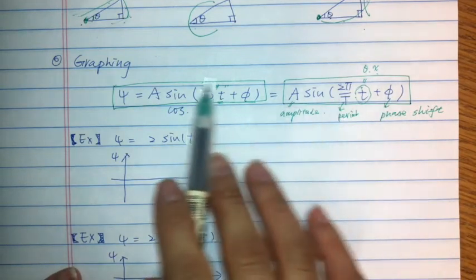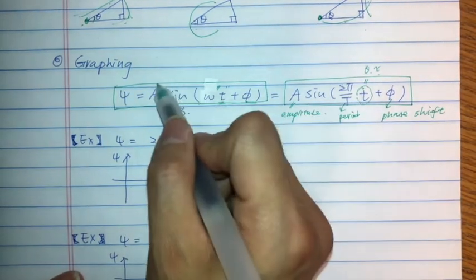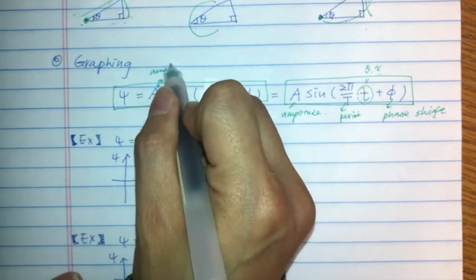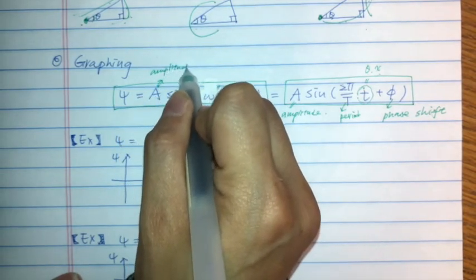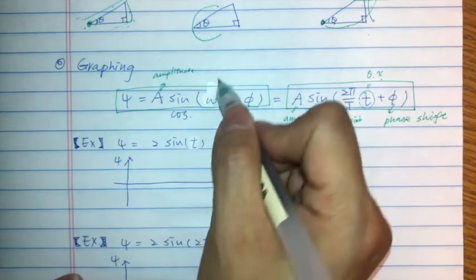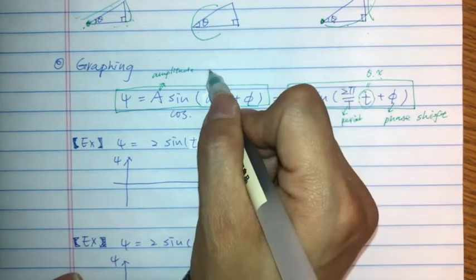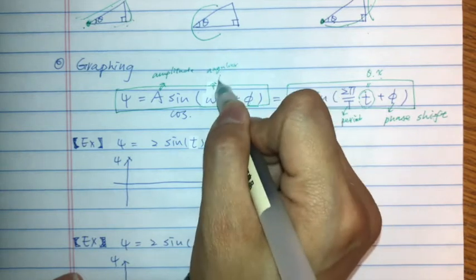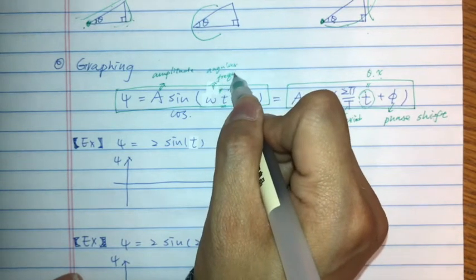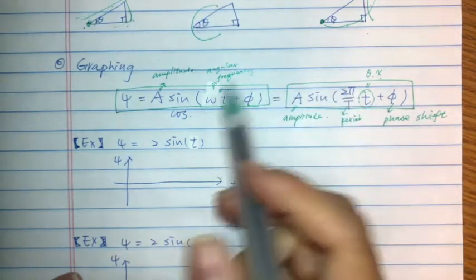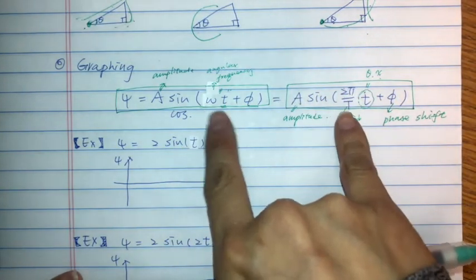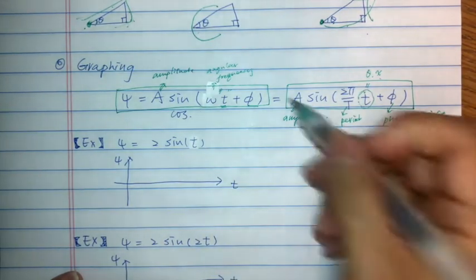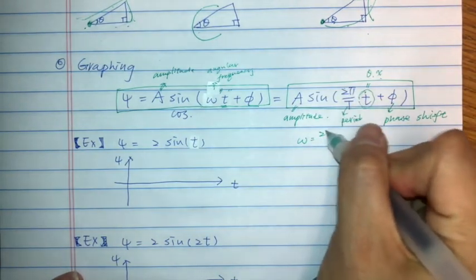If we map it out in physics, the A we still call amplitude, but this is the amplitude in physics. I will explain this in a sec. And omega, we call it angular frequency. If you remember from oscillation that we learned last semester, angular frequency omega is 2 pi over a period.